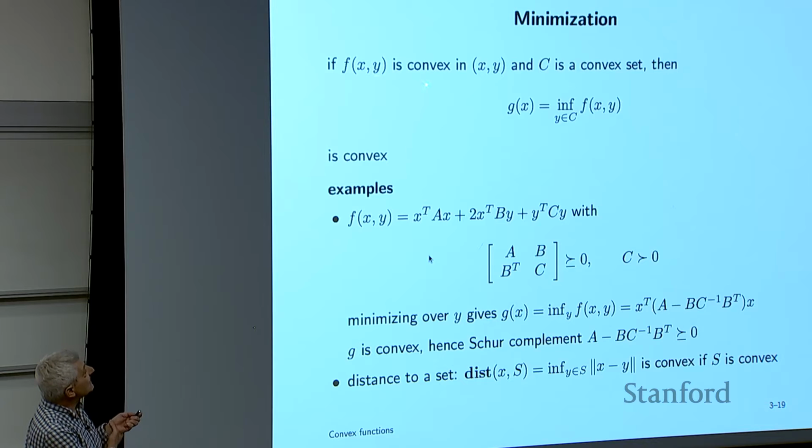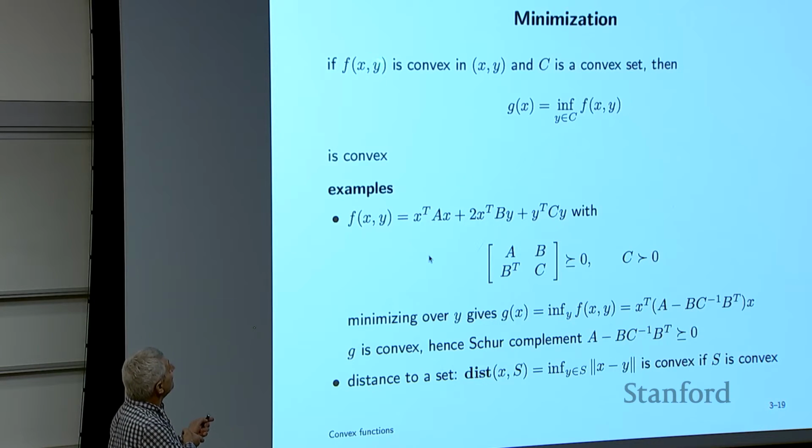What's cool is the same is true for a minimum, but the conditions are different and not totally straightforward. So here's what they are. It says if f of x,y is jointly convex in x and y, and then I minimize over y over a convex set, then this thing is convex.